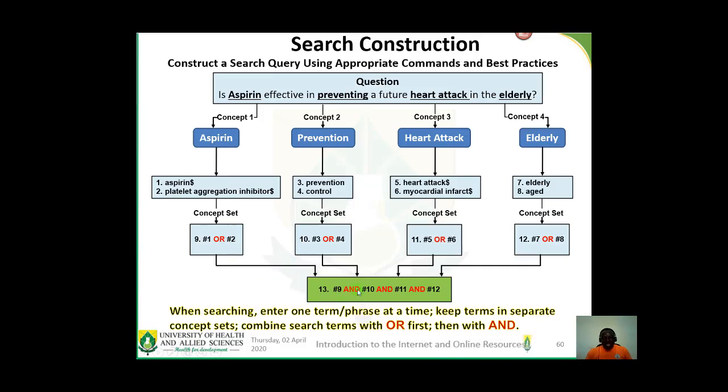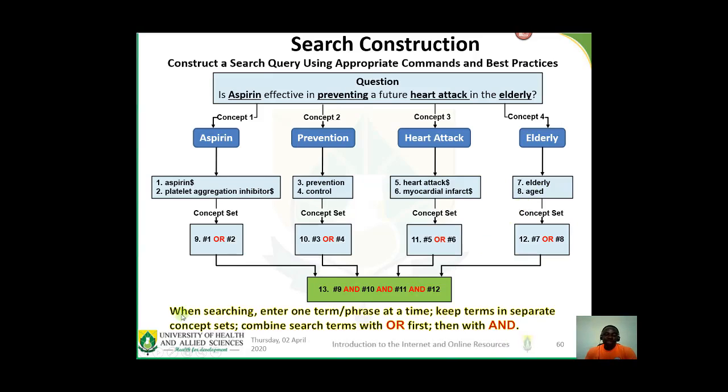When you use AND, we are restricting the system to bring only documents in which both terms between which we use the AND occur. So for example, there must be documents in which aspirin or platelet aggregation inhibitors, prevention or control, heart attack or myocardial infarct, elderly or aged, all occur together. That is the meaning of the use of the AND.